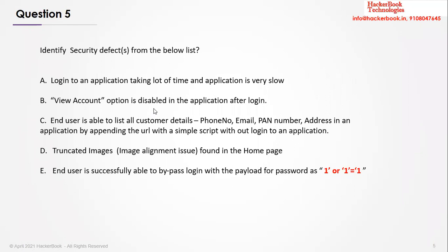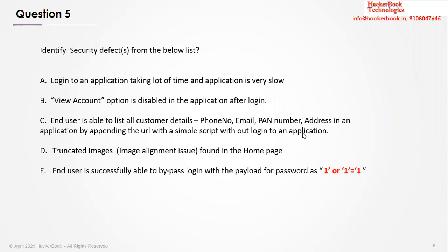Identify security defects from the below list. Option A, log into an application taking lot of time and the application is very slow. B, view account option is disabled in the application after login. Option C, end user is able to list all customer details, phone number, email, PAN number, address in an application by appending the URL with a simple script without logging in to an application.